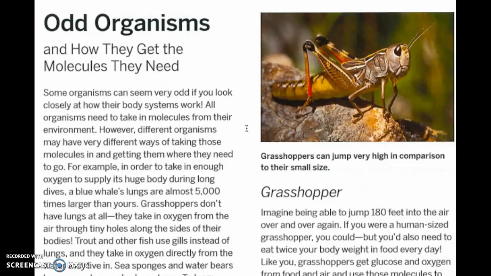For example, in order to take in enough oxygen to supply its huge body during long dives, a blue whale's lungs are almost 5,000 times larger than yours. Grasshoppers don't have lungs at all. They take in oxygen from the air through tiny holes along the sides of their bodies.